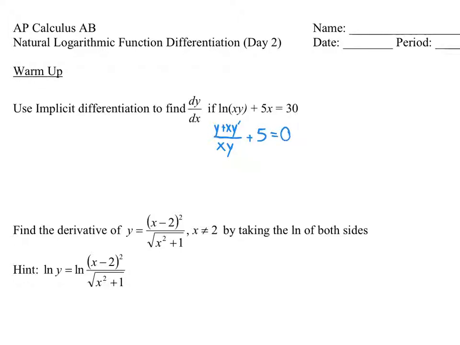Then you do some algebra, you subtract 5 and multiply by xy, and you get a negative 5xy equals y plus xy prime. And then you subtract the y and divide everything by x, and you get a negative 5xy minus y all over x. Okay?